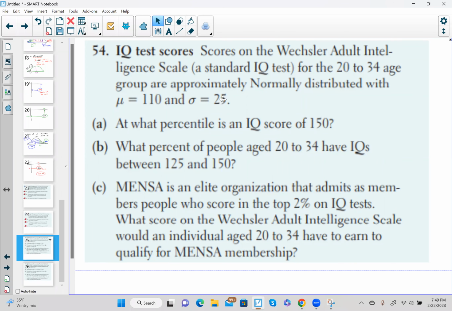Let's see what happens. IQ scores on the Wechsler Adult Intelligence Scale for the 20 to 34-year-old group are approximately normally distributed with a mean of 110 and a standard deviation of 25. Just so we're clear, this is telling us the average, and this is telling us the standard deviation.